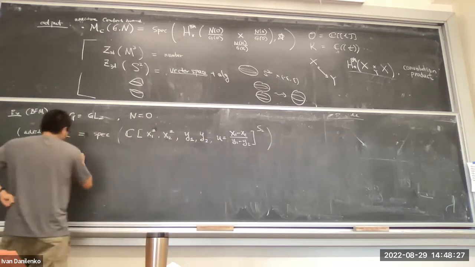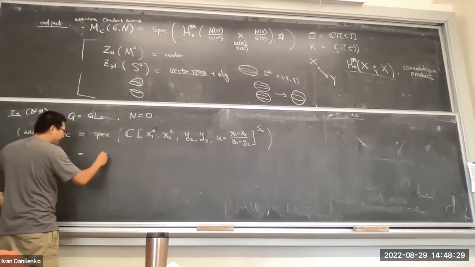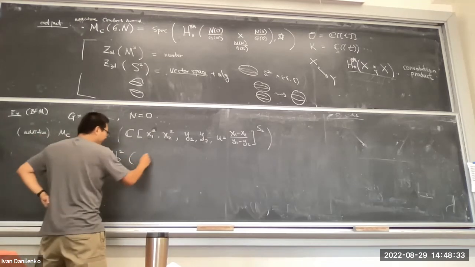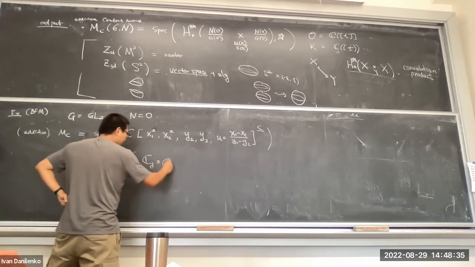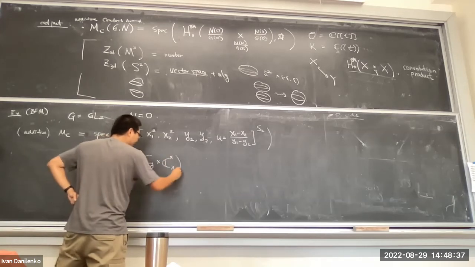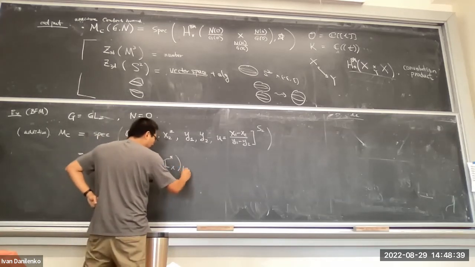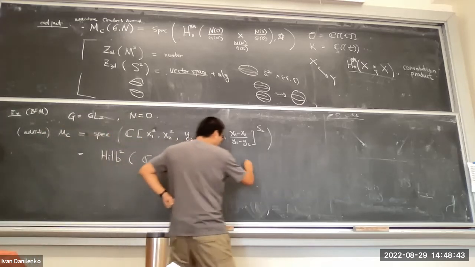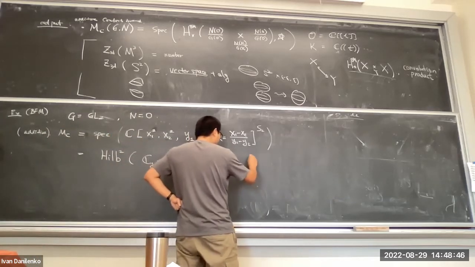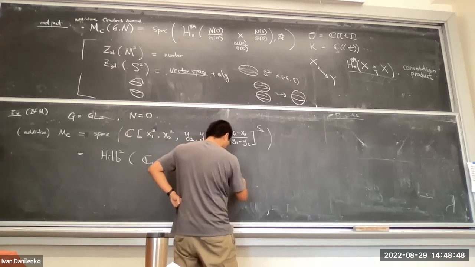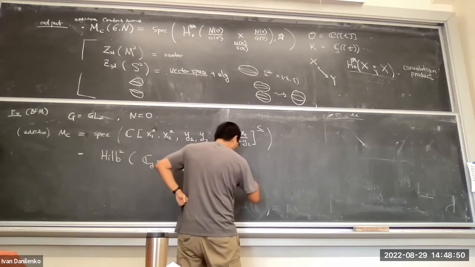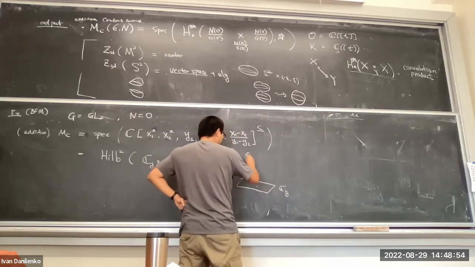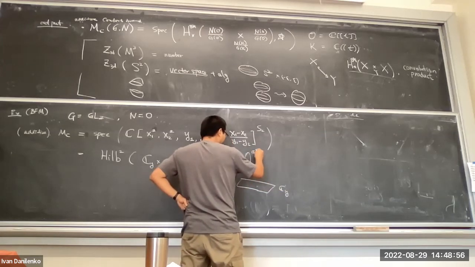So this can also be written in a succinct way as a Hilbert scheme of 2 points on C times C star, where you take the so-called horizontal part. What do I mean by the horizontal part? I'm only going to draw things in the picture. I have a trivial bundle over the base C, the fiber is C star.